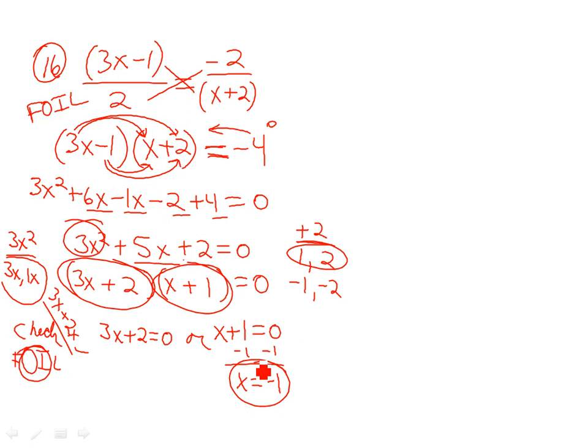That's one of our answers. How do I solve this one? Minus 2, you get 3x equals negative 2, then what? What's x equal? Negative 2 over 3. Just leave it that way, right? Don't mess with it. Don't grab for your calculator.